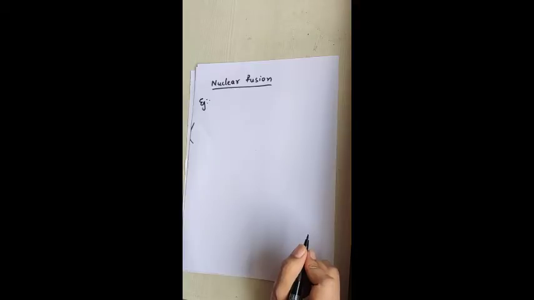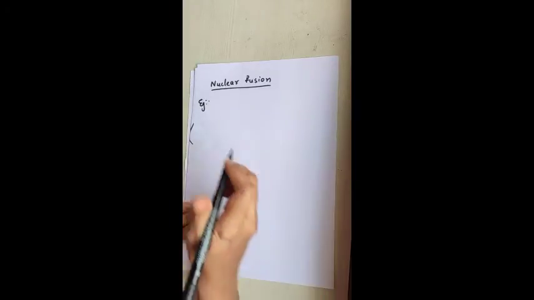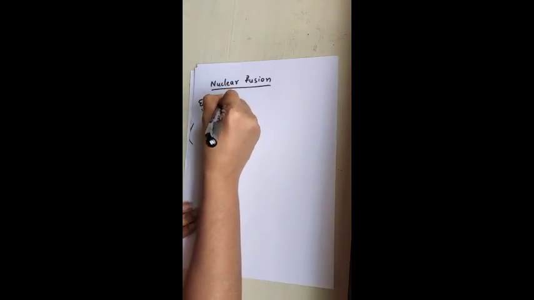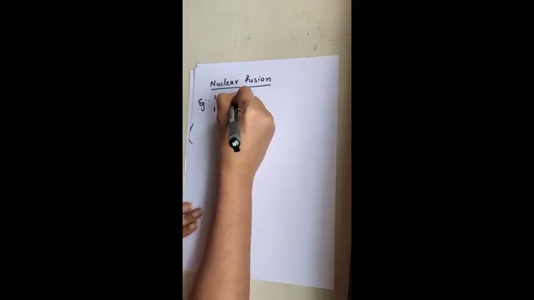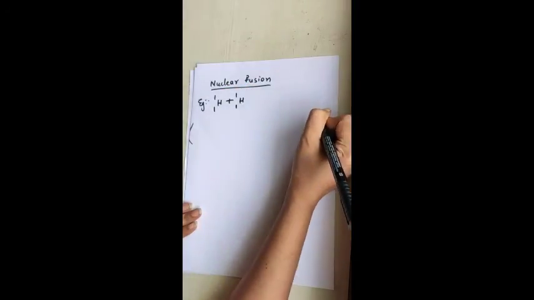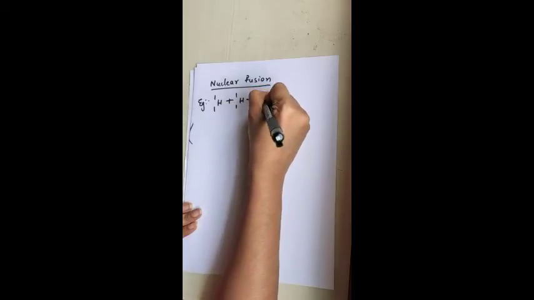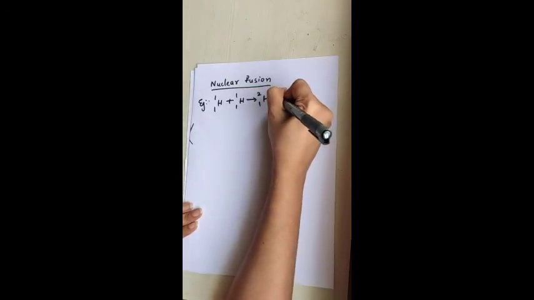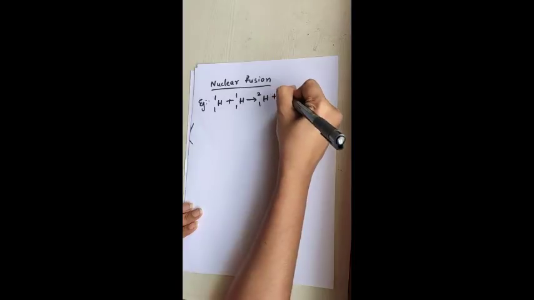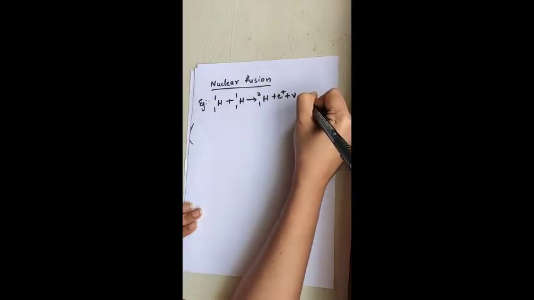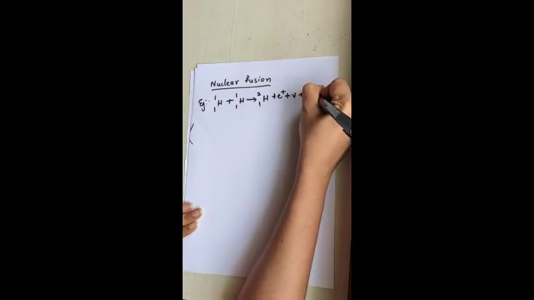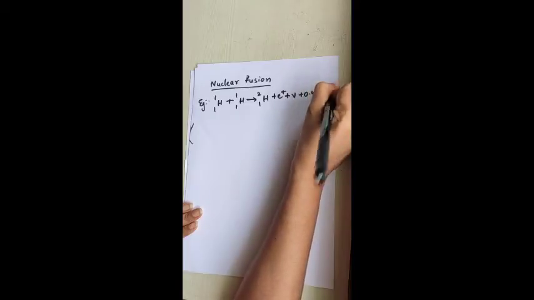So now, as I told you, for fusion to take place, the two lighter nuclei must come close to each other. Suppose these lighter nuclei are hydrogen atoms. They fuse together to form 2H1 deuterium plus a proton, a positron is released, and a neutrino, with a release of 0.42 mega electron volt of energy.